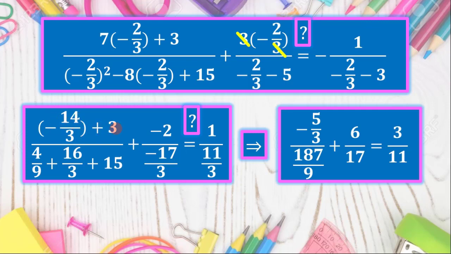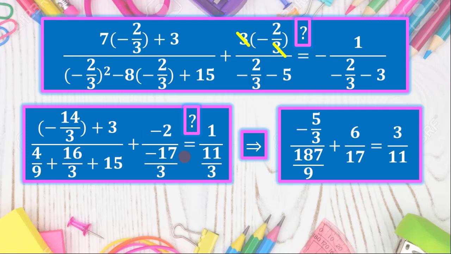Negative 14/3 plus 3. There's a negative here and a positive, so we have 3 minus 2. The 3 is equal to 9/3. So we have negative 14 plus 9 over 3. That becomes negative 5/3. Simplifying 4/9 plus 16/3 plus 15 will give us 187/9.